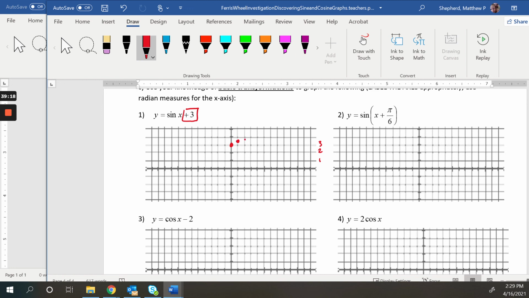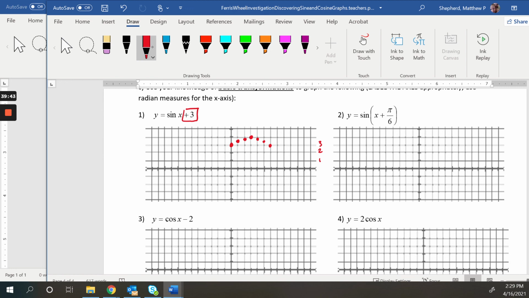And then I'd be up at 3.8. And then I'd be up at 4, because 1 plus 3 is 4. I'm just moving all of those dots to be 3 higher. And I can start getting a graph. And notice it did not take a huge amount of work. It just took some thought.